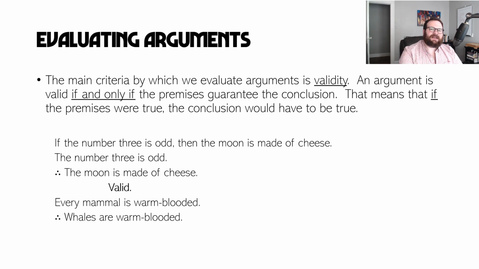So we're missing a premise here. Specifically, we're missing the premise that whales are mammals, right? And without that premise, this argument is invalid. The conclusion does not follow from the premises.